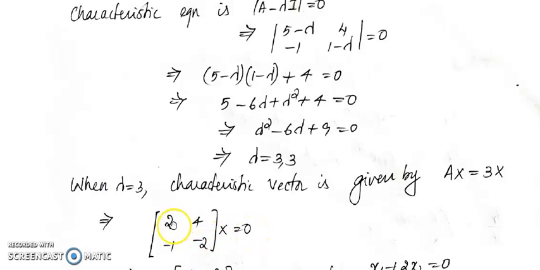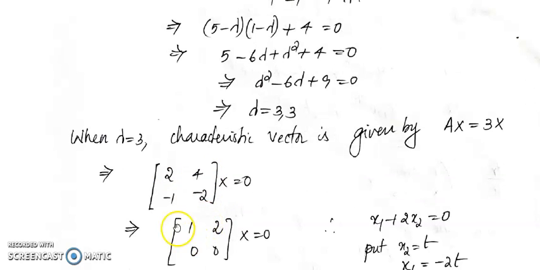Upon row reduction you can see that one row is a multiple of the other. So we can take the second row as all 0, and the first row will be equivalent to 1 2. So you will get the matrix 1 2, 0 0, times x equal to 0. That gives the equation x1 plus 2x2 equal to 0.